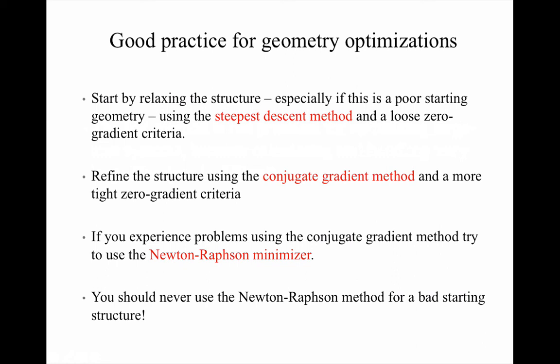So for a bad starting structure, always start by relaxing it using a method with a guarantee of going down in energy, for example the steepest descent method, and then you can refine your structure using either conjugate gradient or even the Newton-Raphson minimizer.